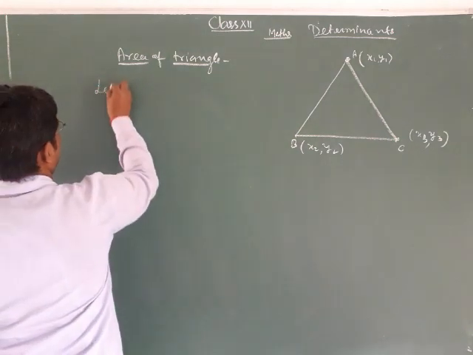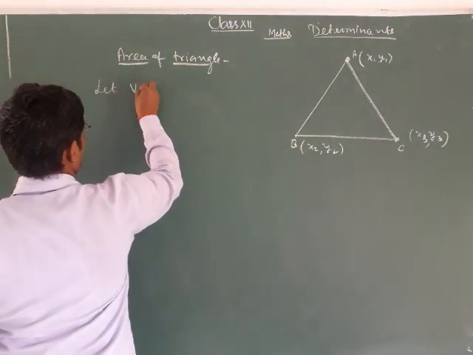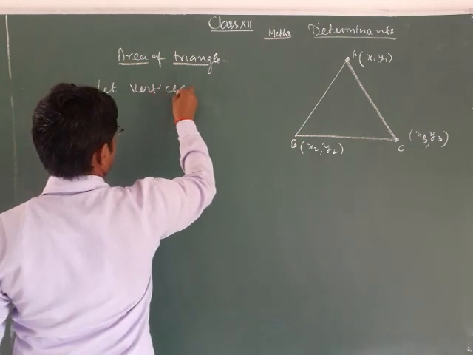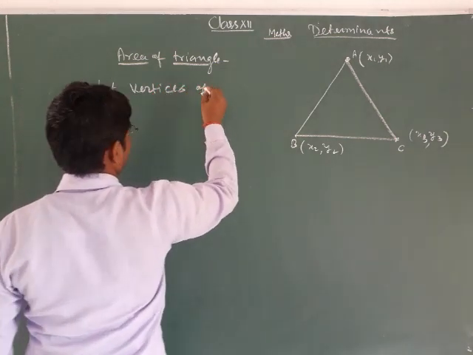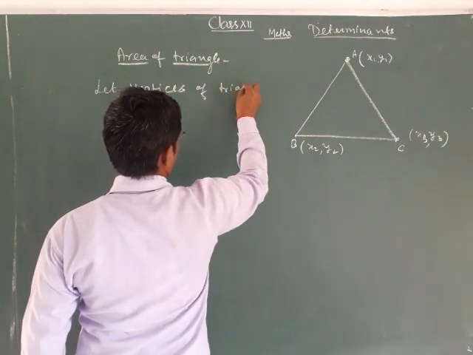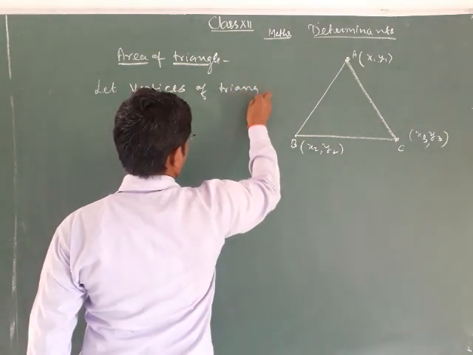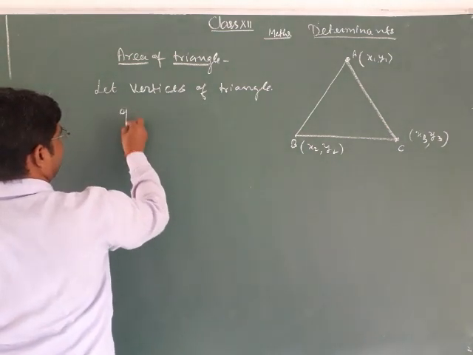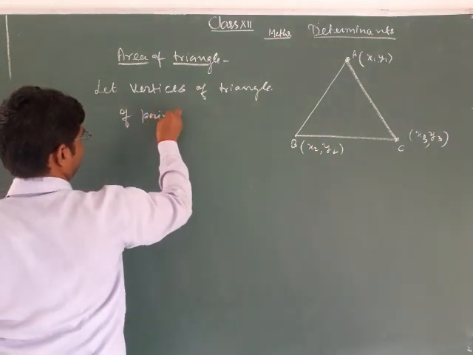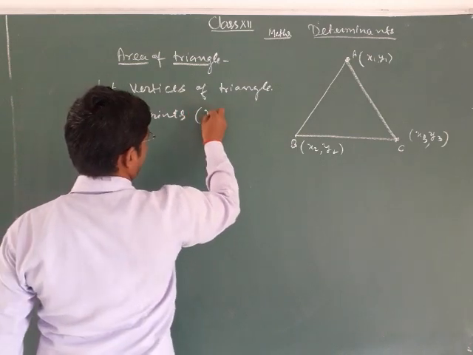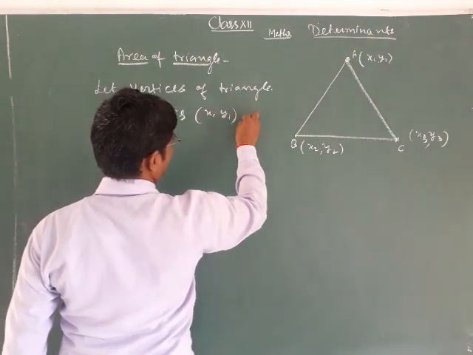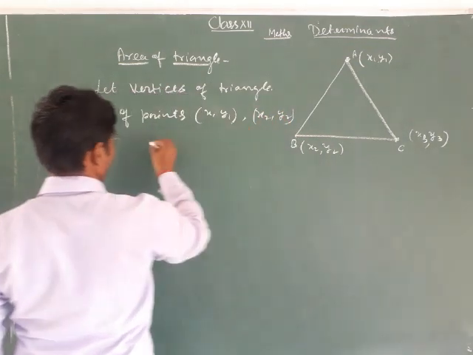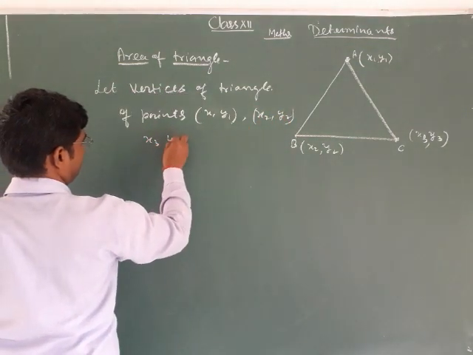So now let the vertices of the triangle be the points x1 y1, x2 y2, x3 y3.